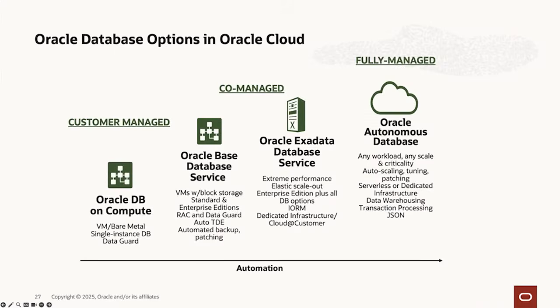And for database, we have a few different database flavors here. Starting from the left-hand side and moving to the right, you can see it moves from more customer managed to fully managed and automated. But from the left-hand side, Oracle Database on Compute, typically we see these deployments with customers that have extra database licenses that they're trying to make use of, and maybe they have applications that are running in various other clouds where they want to have their database close to those applications, and maybe they have additional options that they've licensed for those as well.